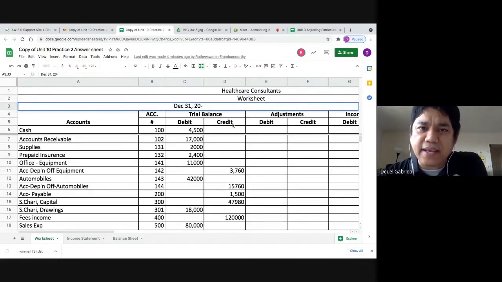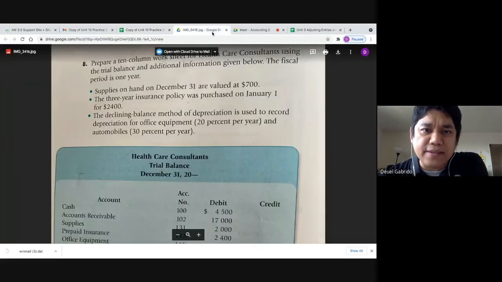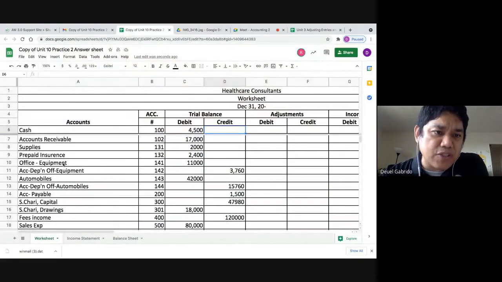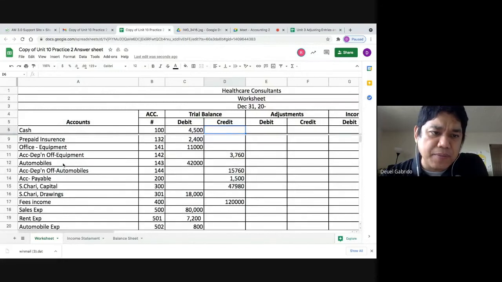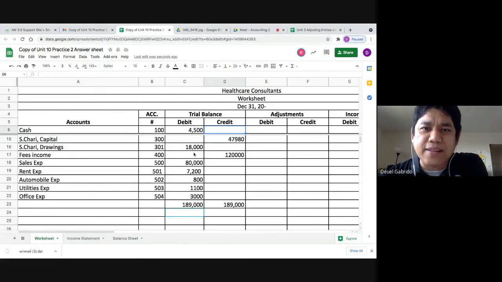That's the date given. Correct. Very good. So he copied everything from cash going down to office expense. Make sure that nothing is missed.